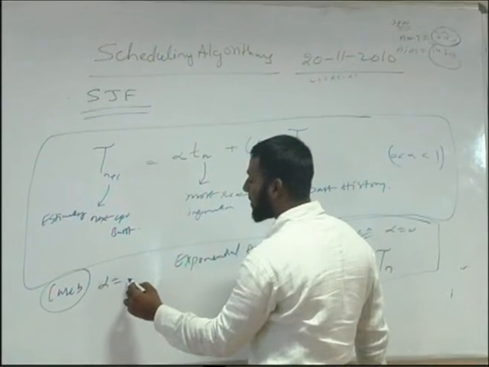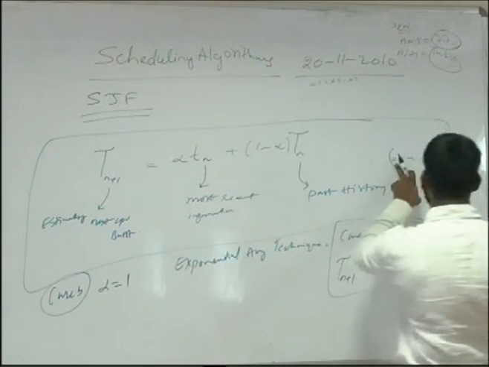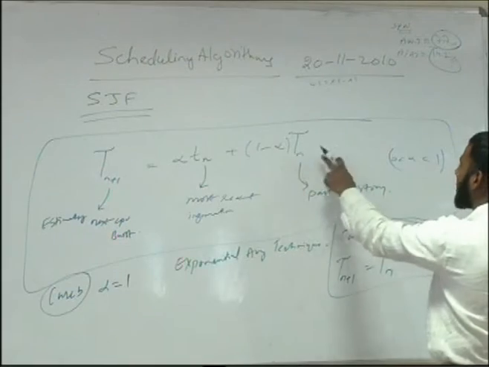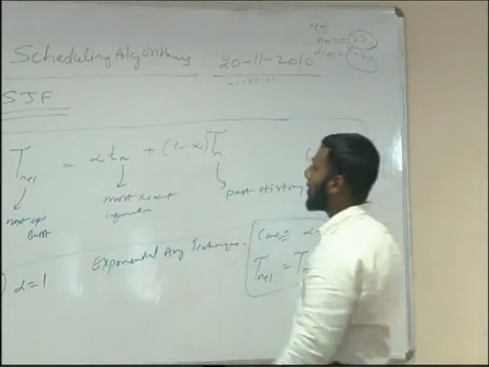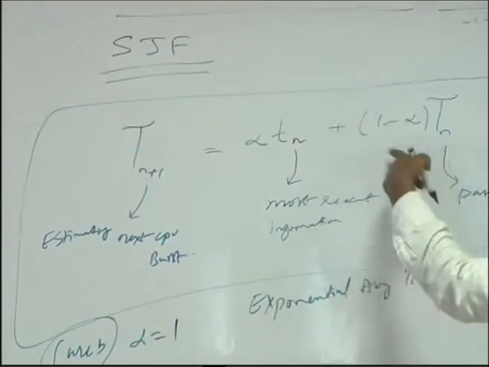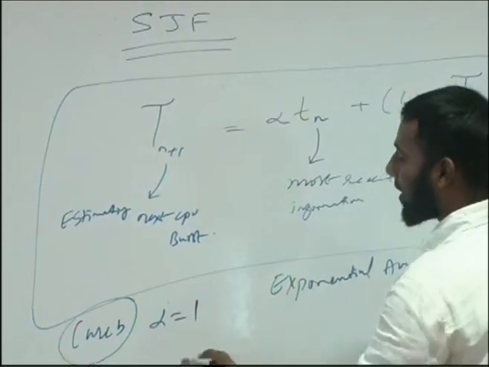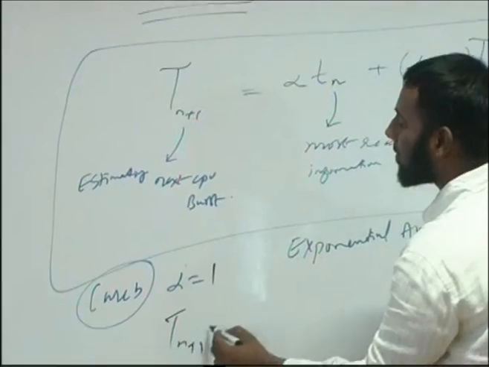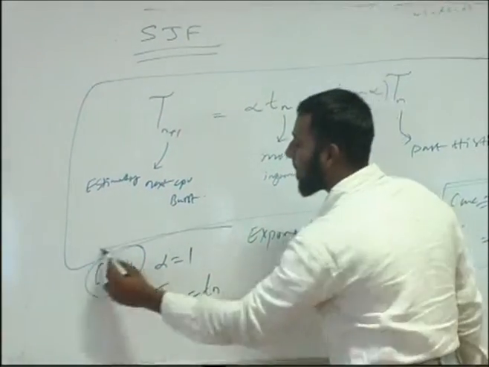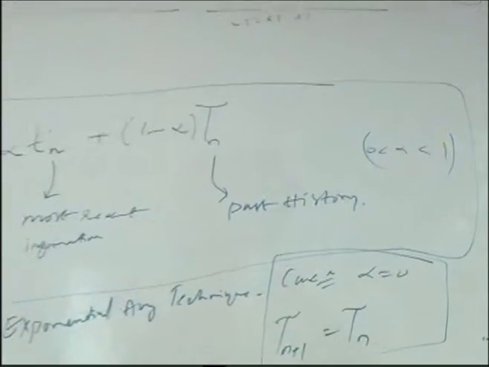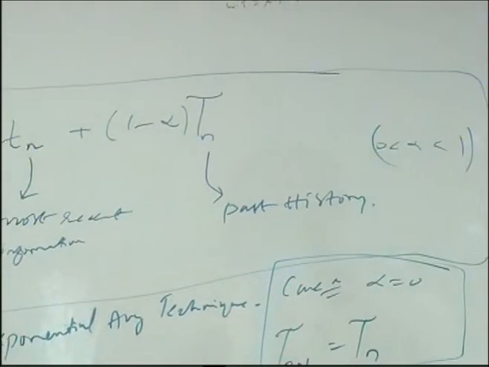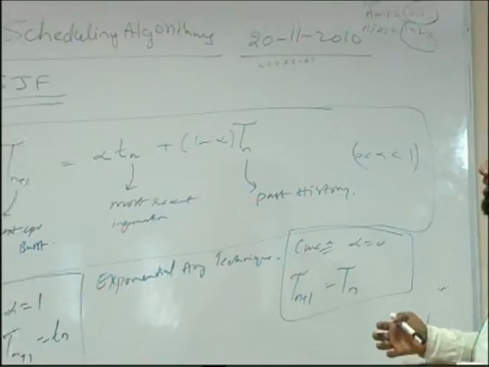I am taking the boundary conditions. If alpha is 0, tau of n plus 1 becomes tau of n, and if alpha is equal to 1, then the tau of n term becomes 0, and tau of n plus 1 becomes T of n.